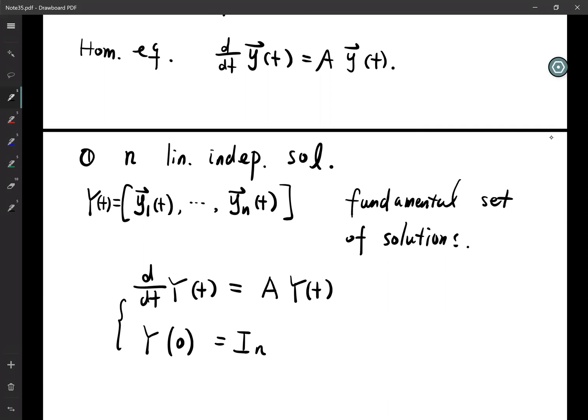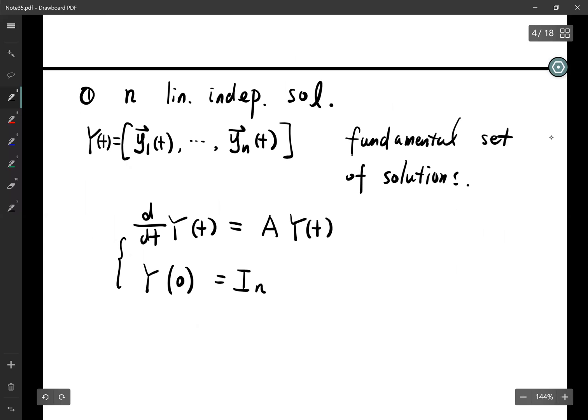Why is that good? Because the first solution satisfies the equation with initial data 1, 0, 0, 0, the other one's 0, 1, 0, 0, and so on and so forth.